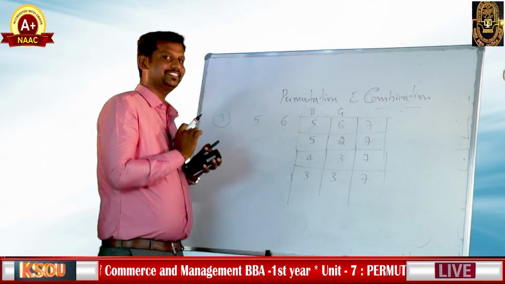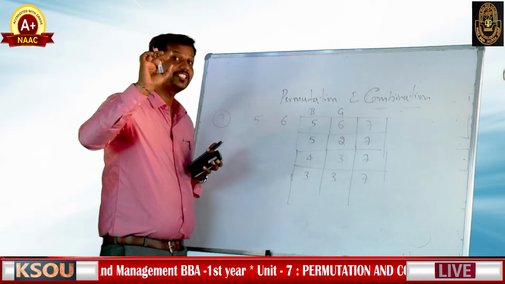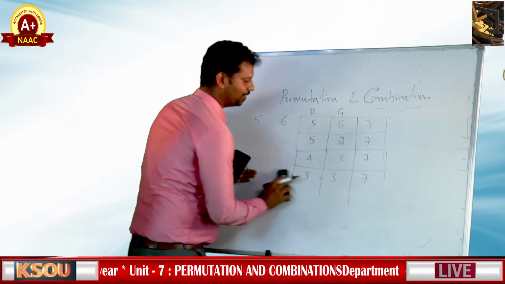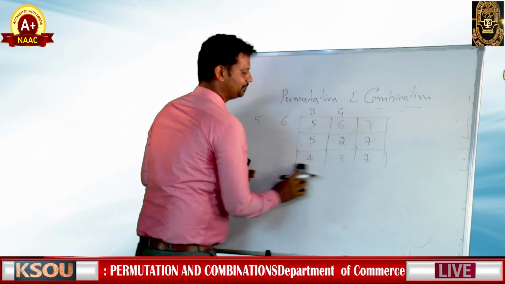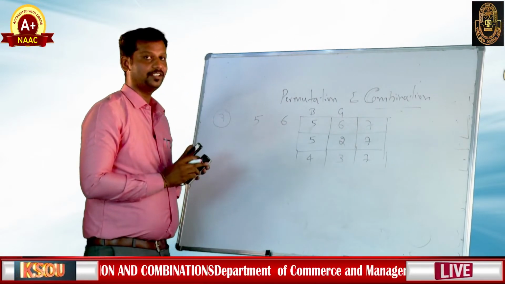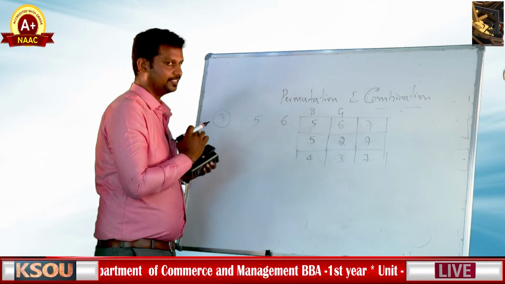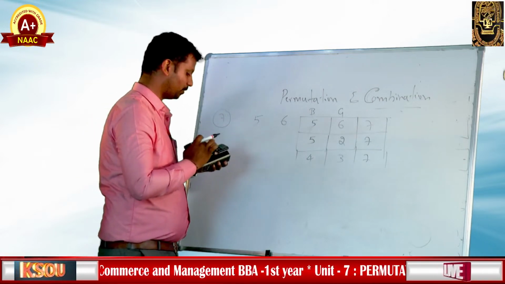What is the condition? The majority must be boys. Here it is not, so the condition is not fulfilled. Okay. Then here, what is the possibility? So what is the selection?